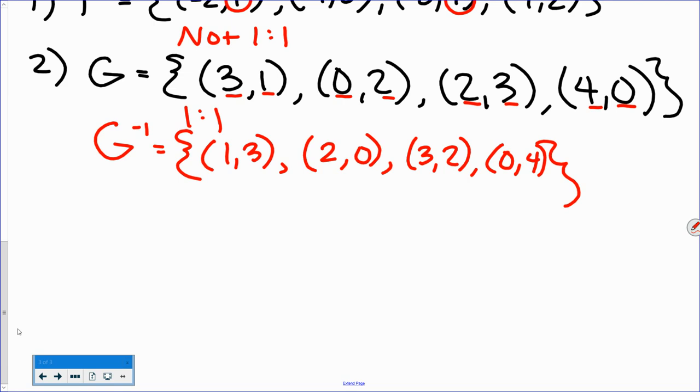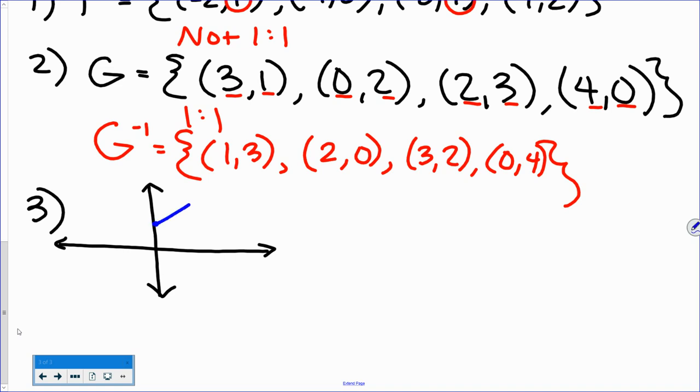All right, let's look at an example of a graph. I know you don't have graph paper in front of you, but we're just going to do a really rough sketch. Okay, so I've got my coordinate plane right here. All right, and if I drew a V-shaped graph, is this one-to-one?